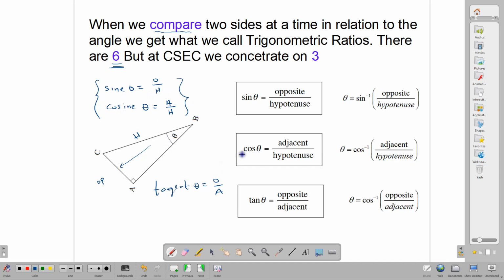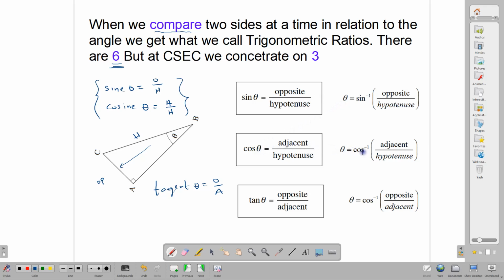All right. Now you notice out here that you have three other things. So the sine of the angle is opposite over the hypotenuse. To find an angle, we use what we call the inverse function. This is a function, it takes in an angle and gives out a number. The inverse takes in a number and gives out an angle. The cosine will take in an angle, gives out a number.